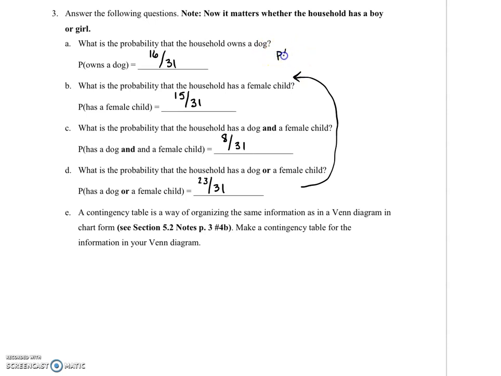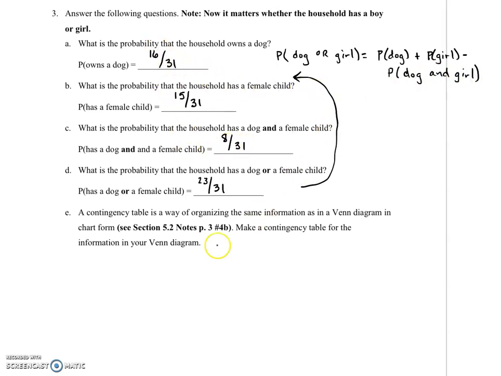So P of dog or girl child is probability of dog plus the probability of a girl minus the probability of dog and girl.